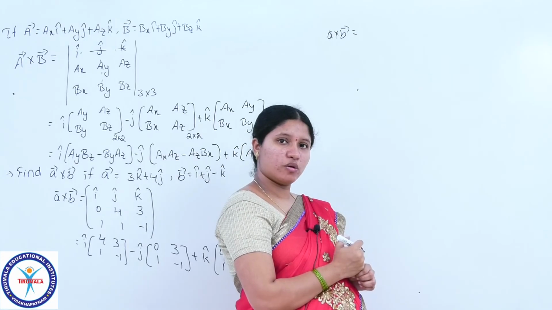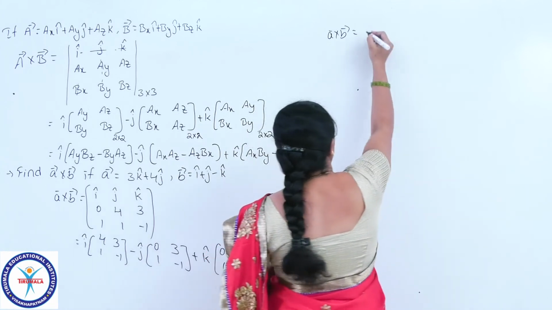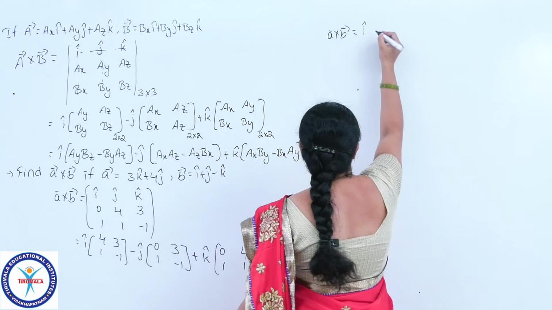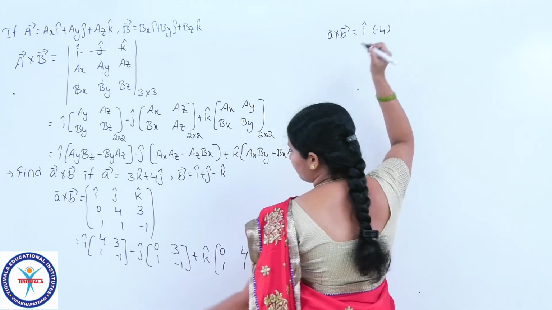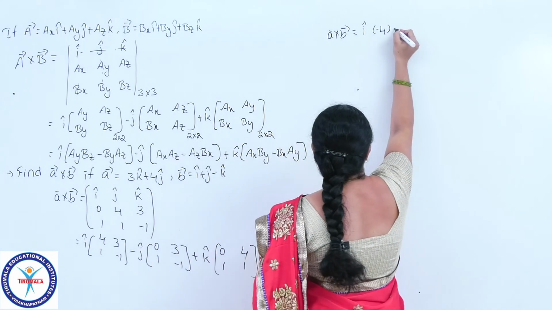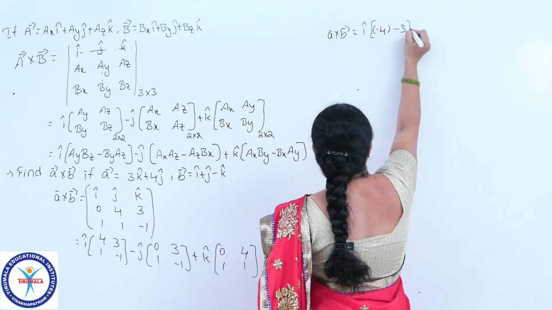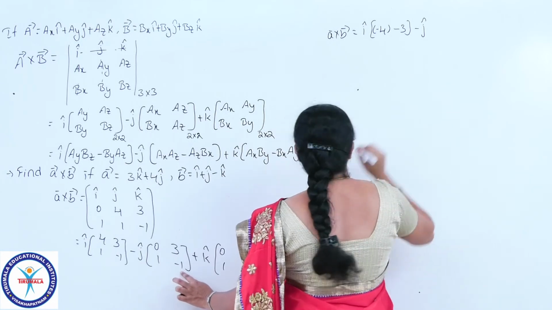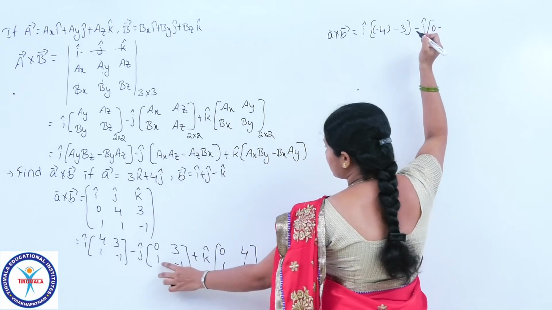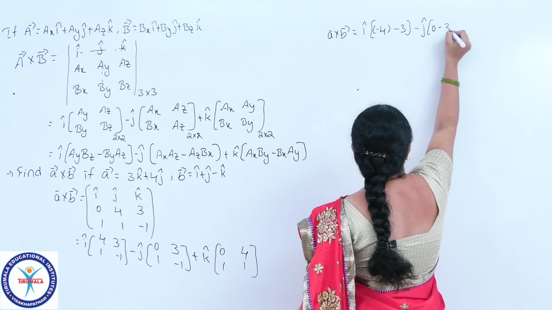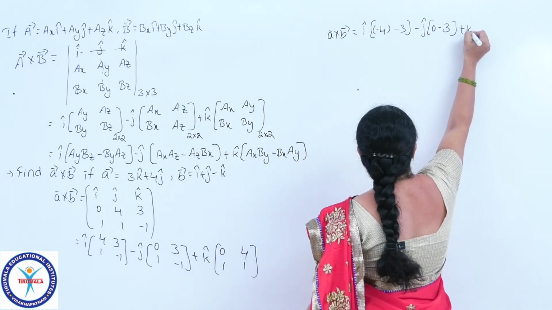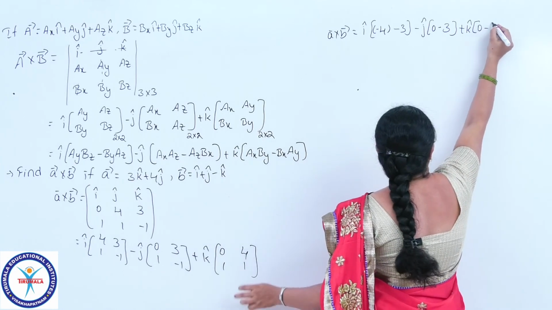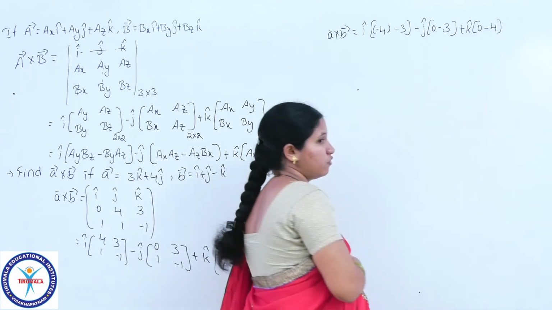A bar cross b bar is equal to I cap into 4 into minus 1 we get minus 4, minus 1 into 3 minus 3, minus j cap into 0 into minus 1 is 0, minus 1 into 3 is 3, plus k cap into 0 into 1 is 0, minus 1 into 4 is minus 4.